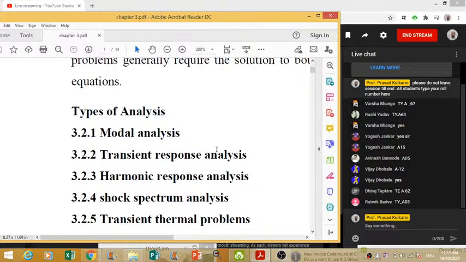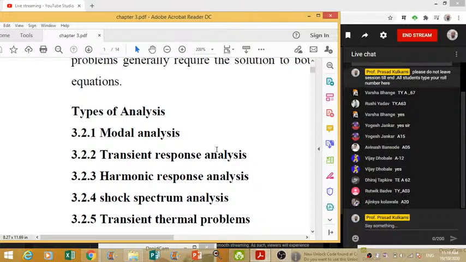You must have the data related to non-linearity. You must have the table of stress and strain, and the stress and strain must not be linear. So this data you must enter in the ANSYS software or any CAE software.